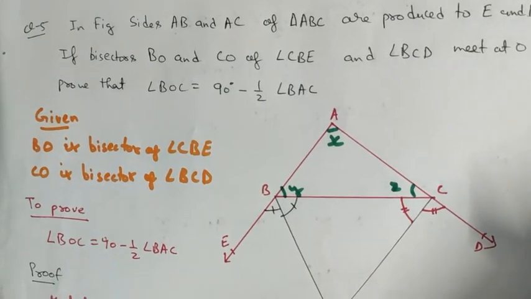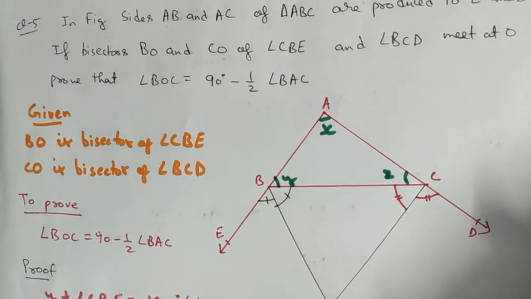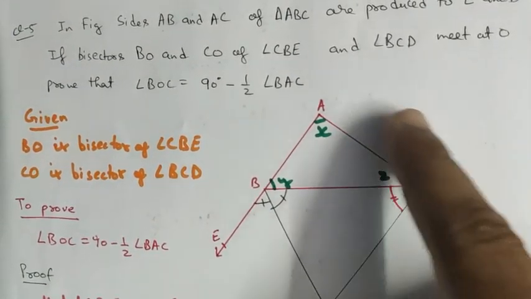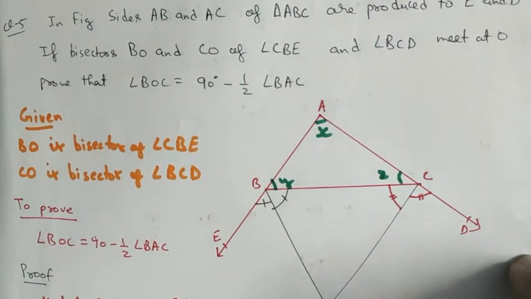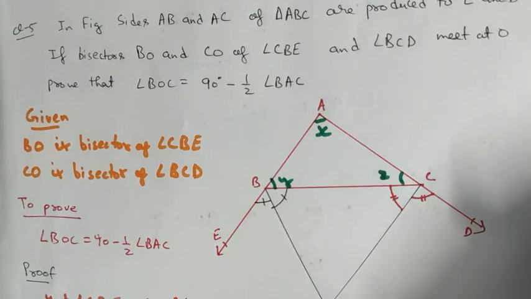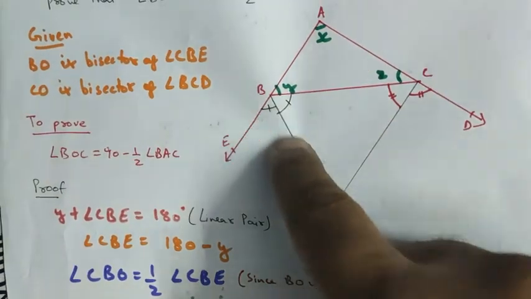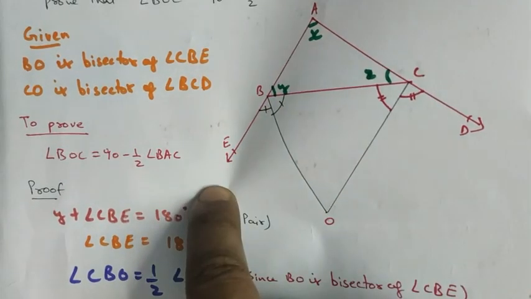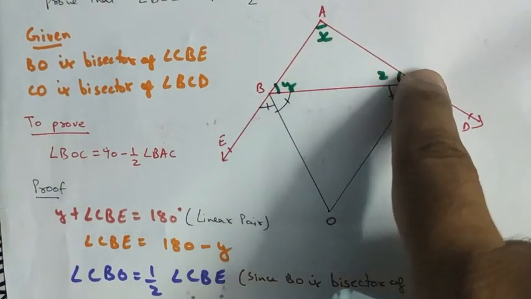In question number 5, a figure is given. In this figure, sides AB and AC of triangle ABC are produced. AB is produced till E and AC is produced till D. The bisectors BO and CO of angles CBE and BCD meet at O. So BO is the bisector of angle CBE and CO is the bisector of angle BCD.